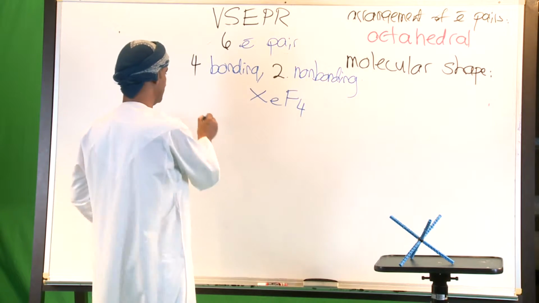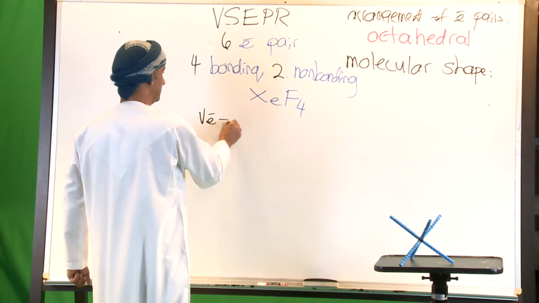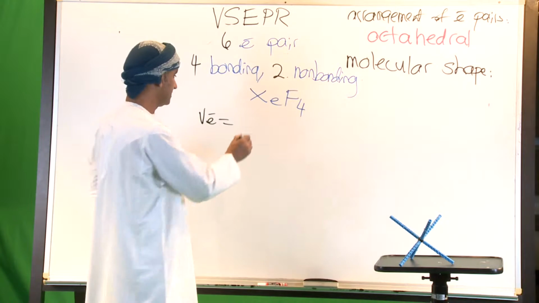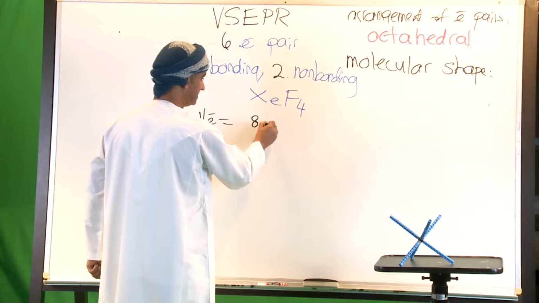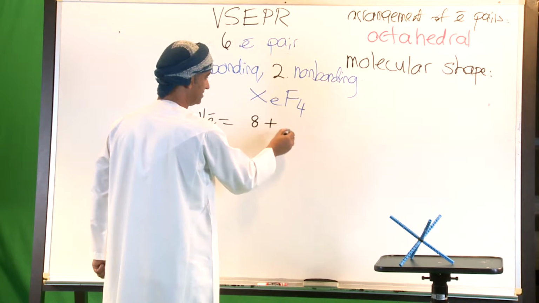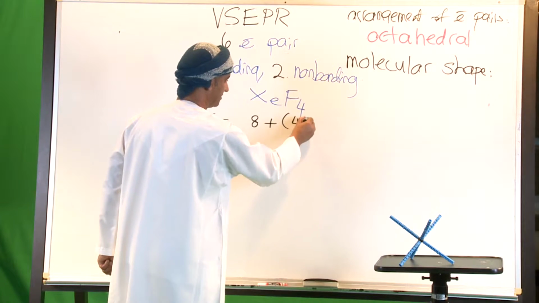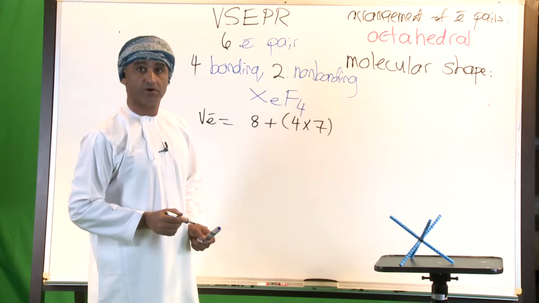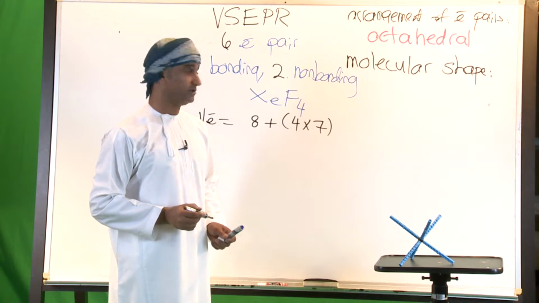We calculate the valence electrons. Xenon is a noble gas, so it has 8 valence electrons. Fluorine contributes 7, and of course fluorine is located in group 7A, the halogens group.